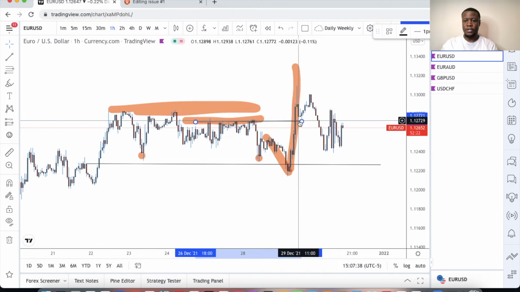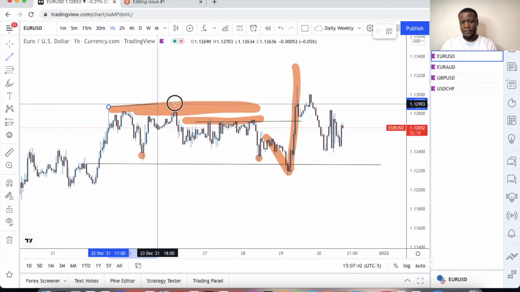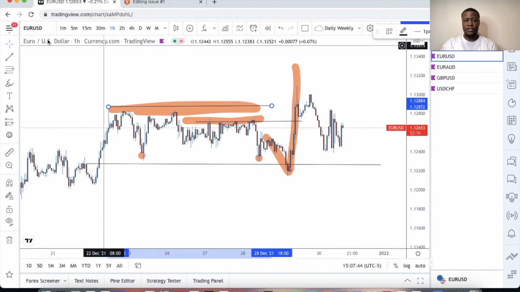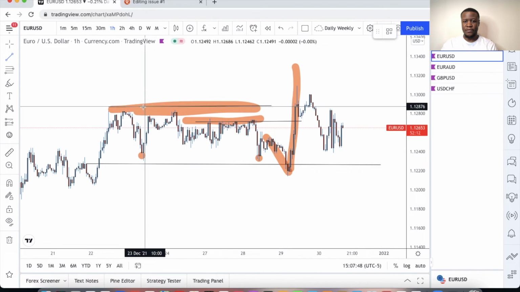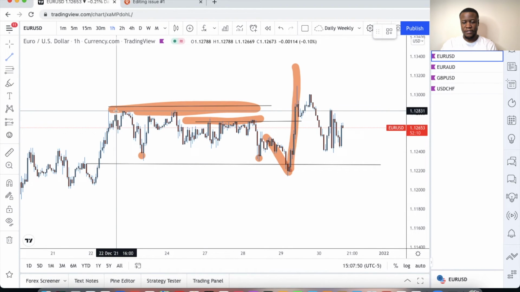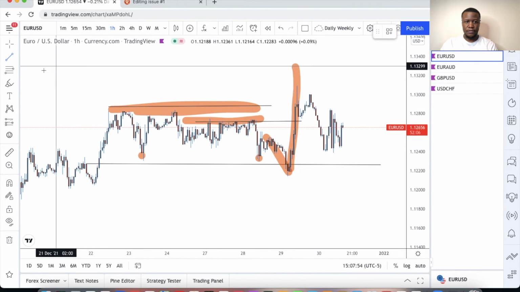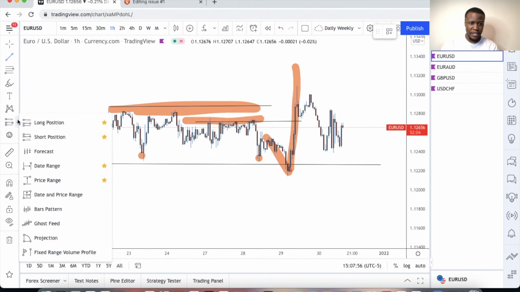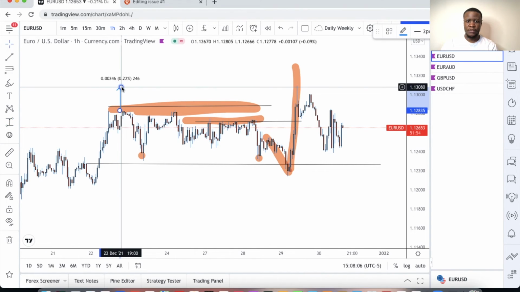You could take full profit right here, about 10 to 15 pips above the actual high, you want to take your final profit. So let's see how many pips is that after the actual high. So about 25 more pips.